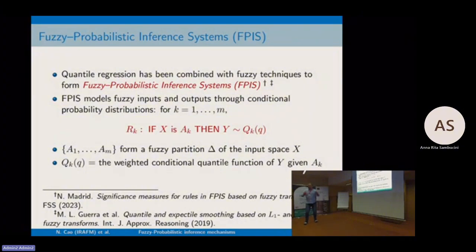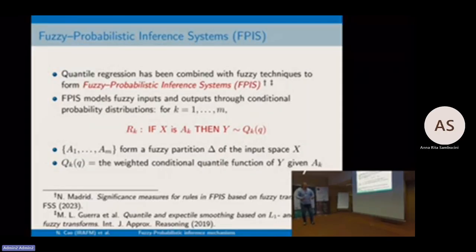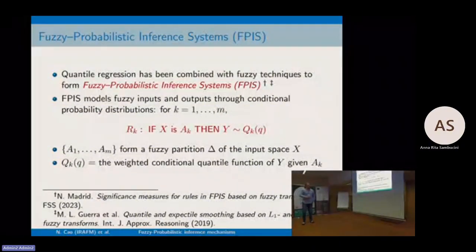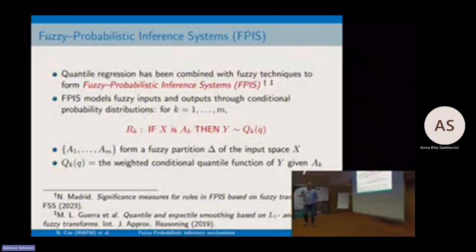This is like the relation between the world of standard real values and the world of random variables. The A_k form a fuzzy partition of some input space X, usually real numbers. Q_k is a weighted conditional quantile function of y given A_k, something like conditional with respect to this fuzzy set.